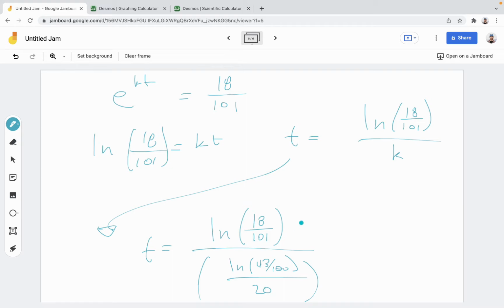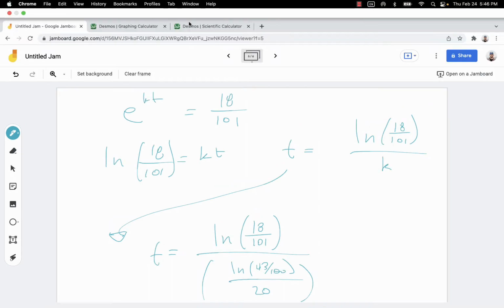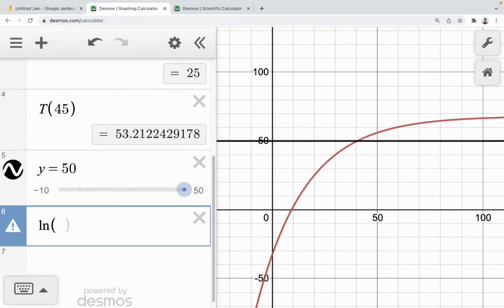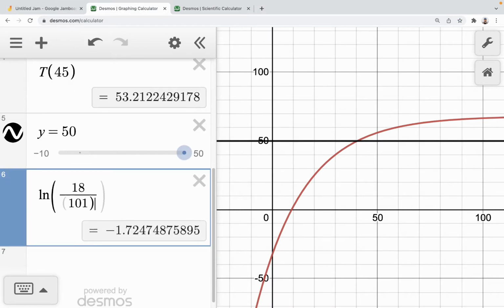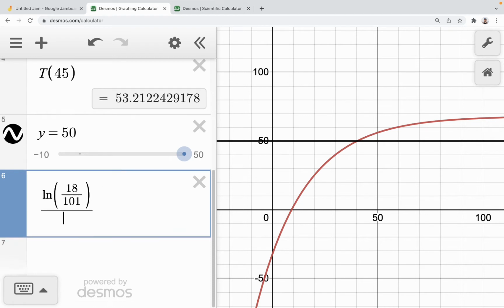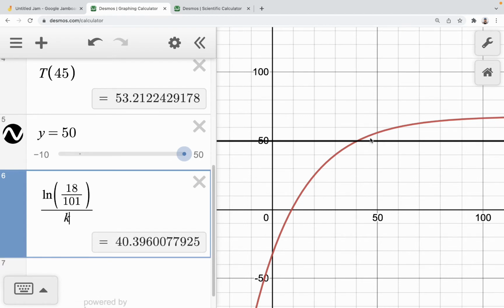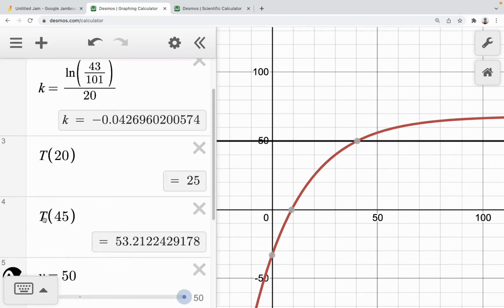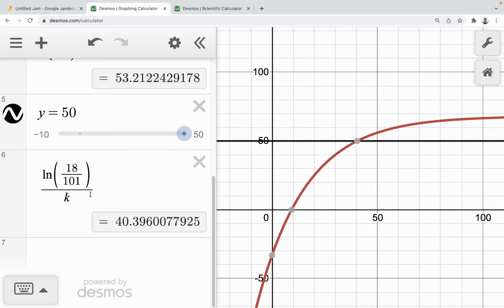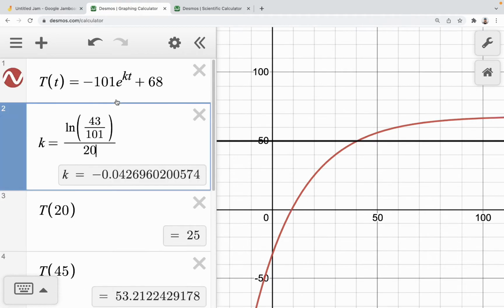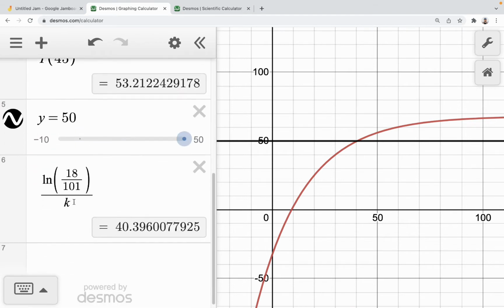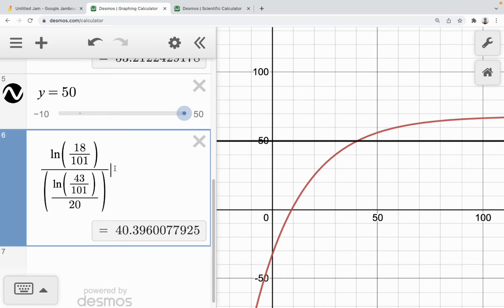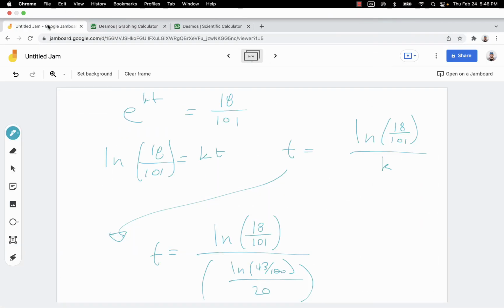So if I take ln of 18 over 101, which I can do right here, divide that by k, which I already defined here, I get 40.396, or about 40.4 minutes. You can also see what that looks like if I just type the full expression there. It is important that I usually put that denominator in parentheses, to be sure.